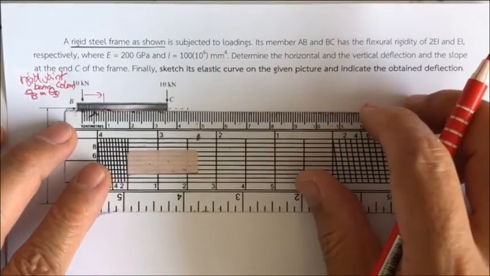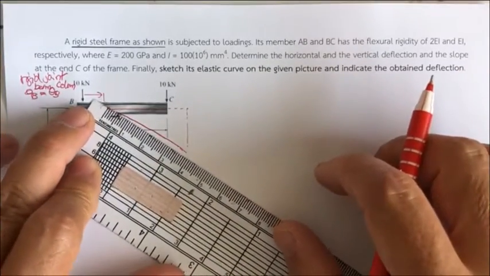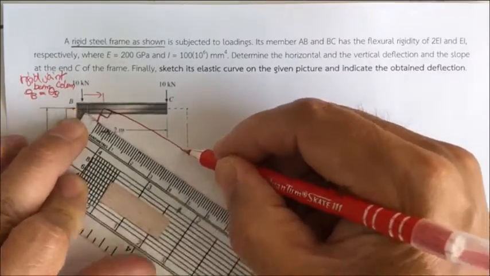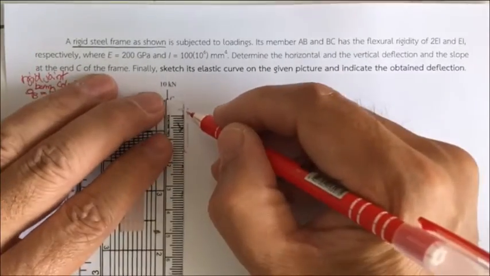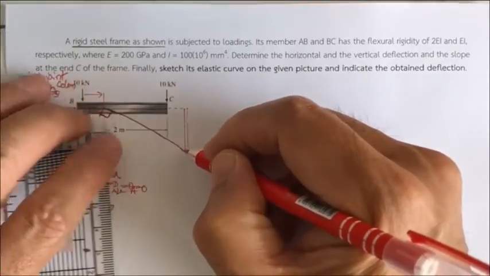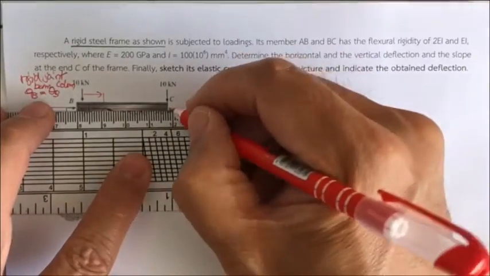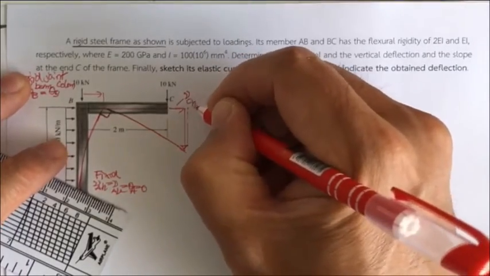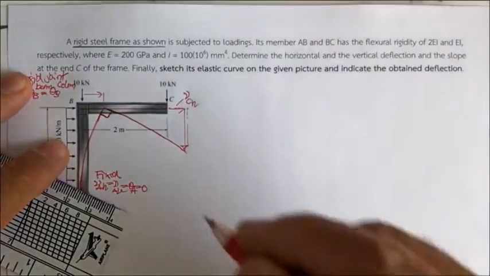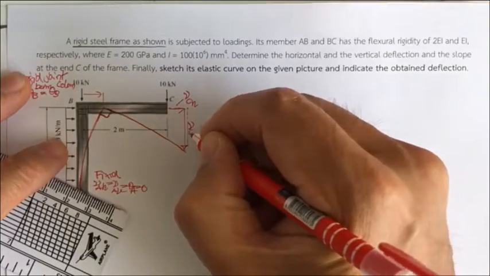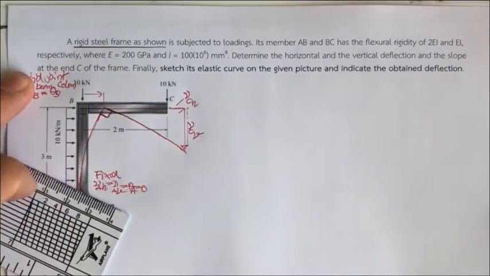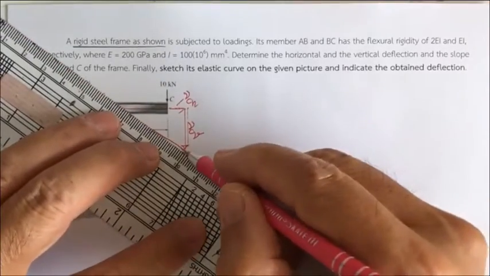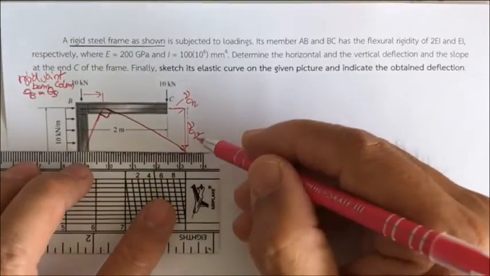So in this frame it is about 3.5 centimeter, so it's going to be about here, and this is going to be the deformation of this beam. We may say this is going to be V sub C horizontal, this is V sub C vertical, and they are also supposed to have the slope at this point.